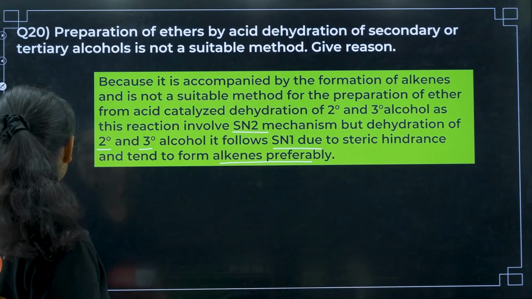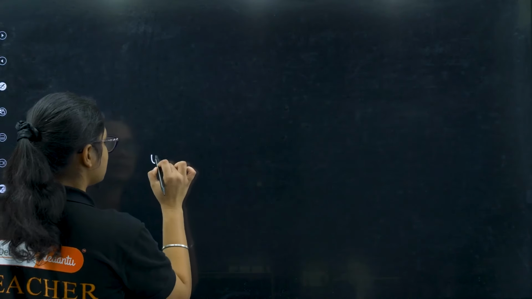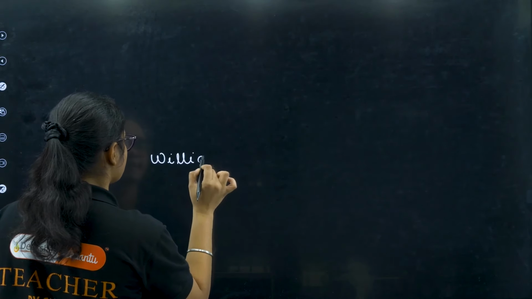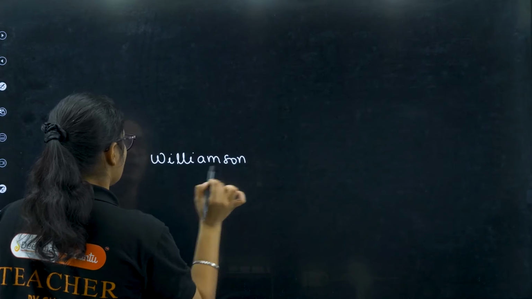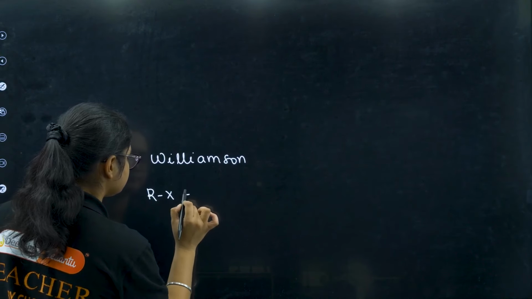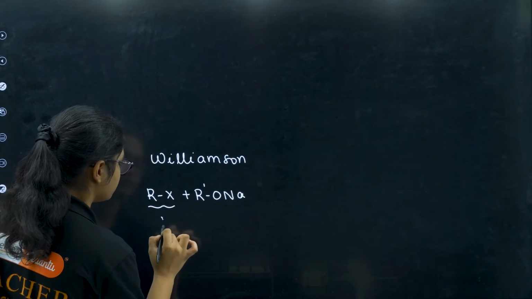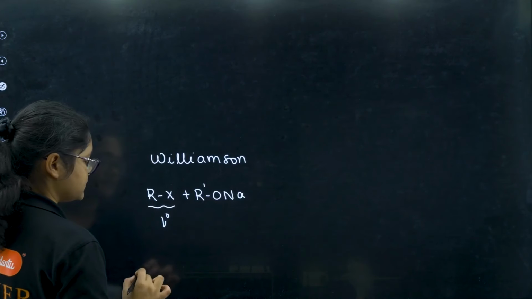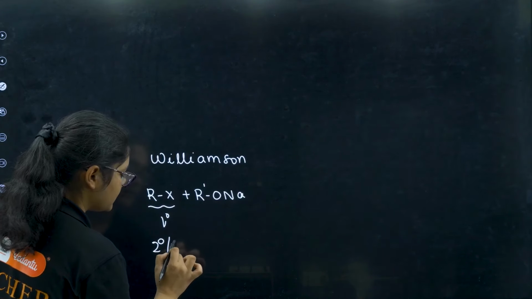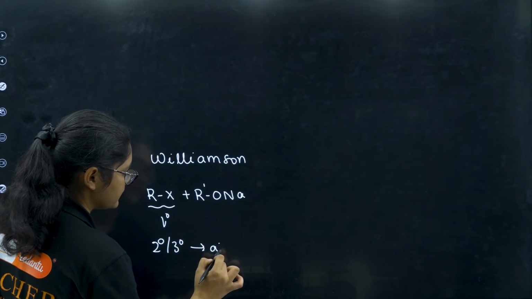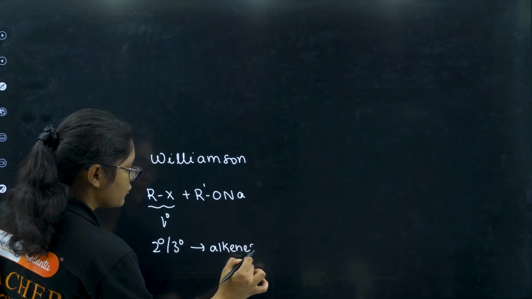So there are two things that you should remember. In Williamson ether synthesis, I'm just summarizing, we have RX plus R'ONa. This RX should always be primary, okay, that's the first thing. If you take this one as secondary or tertiary, then you will get alkenes, okay.